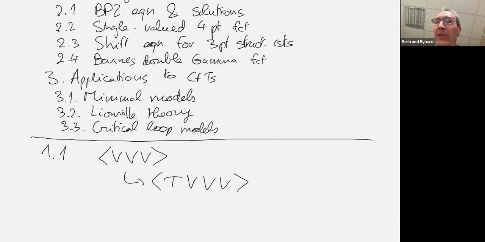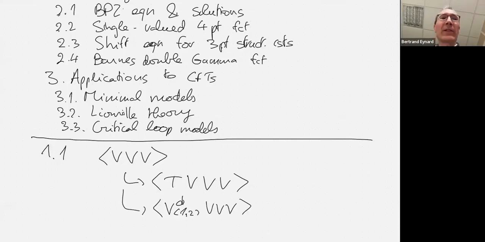Well, we'll do the same with degenerate fields. We also can insert a degenerate field, which I want to call V^D_{1,2}, in addition to my 3 fields. And from the properties of this 4-point function, deduce some constraints on the 3-point functions.